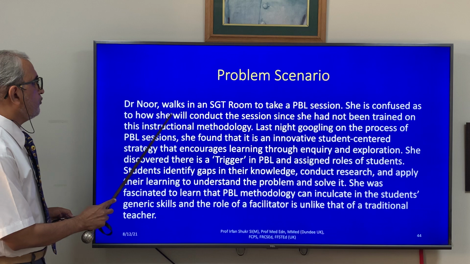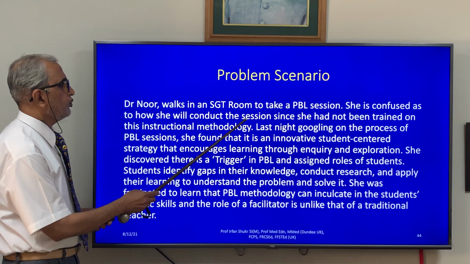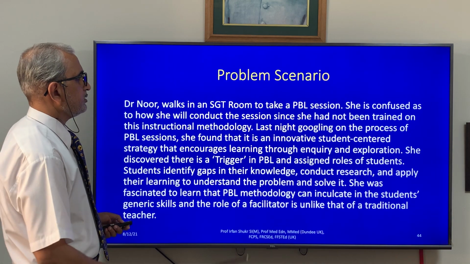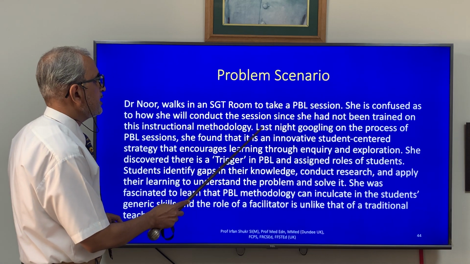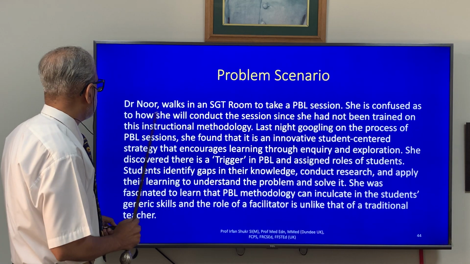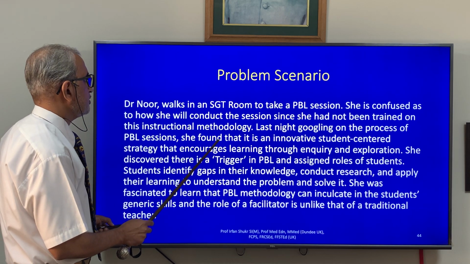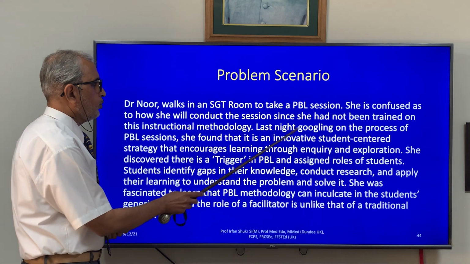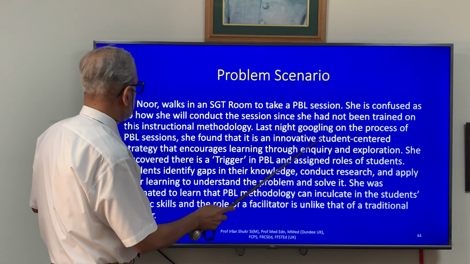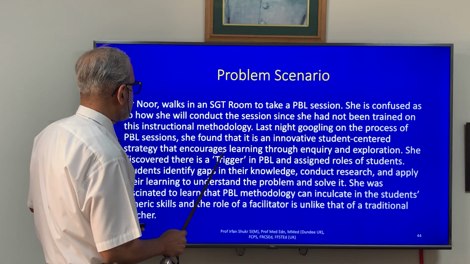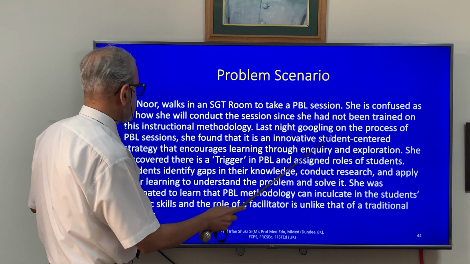Dr. Noor walks into a small group teaching room to take a PBL session. She is confused as to how she will conduct the session since she had not been trained on this instruction methodology. Last night, looking at the process of PBL session, she found that it is an innovative student-centered strategy that encourages learning through inquiry and exploration.